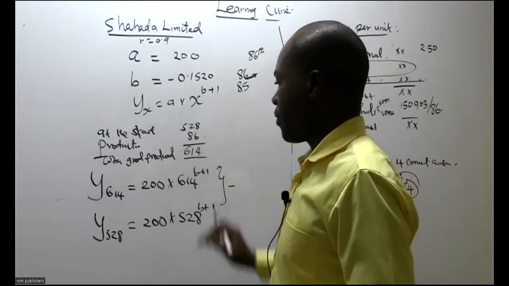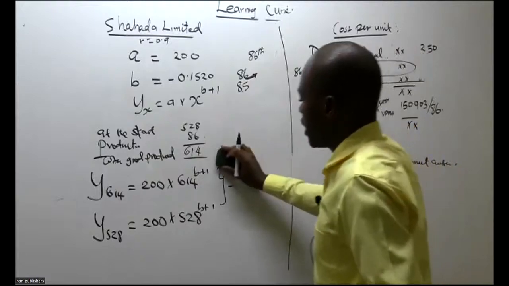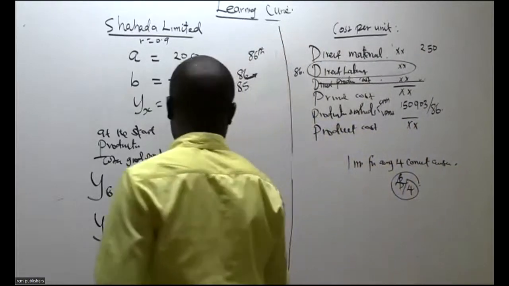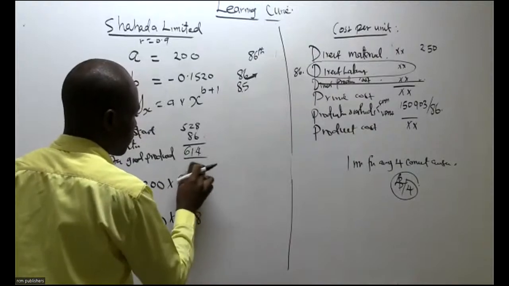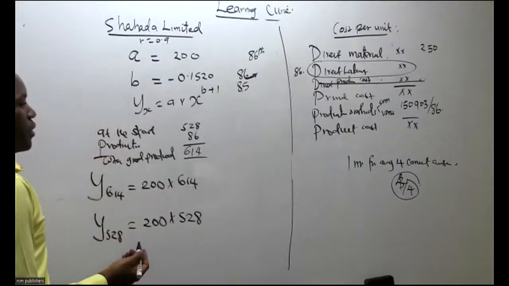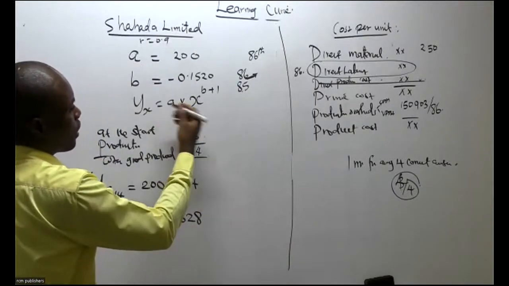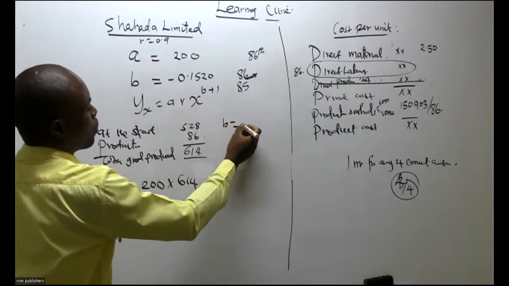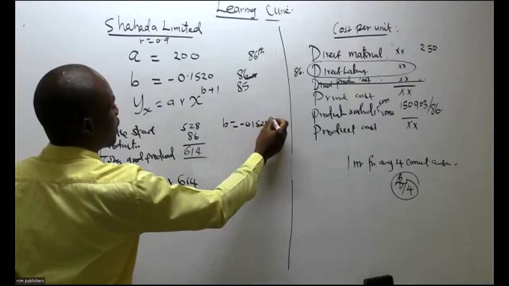So I want you to go ahead now and help me get those figures. I know very well that b was already calculated up there. b is equal to negative 0.1520, but we have said it is b plus 1.